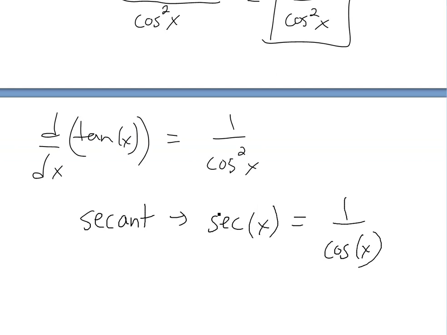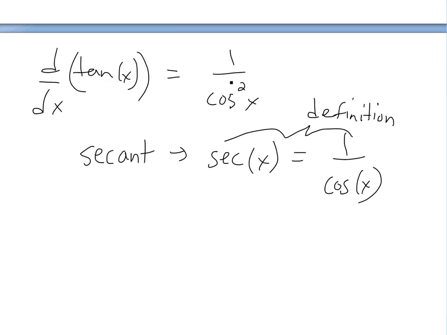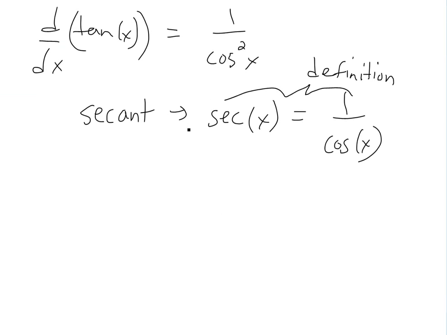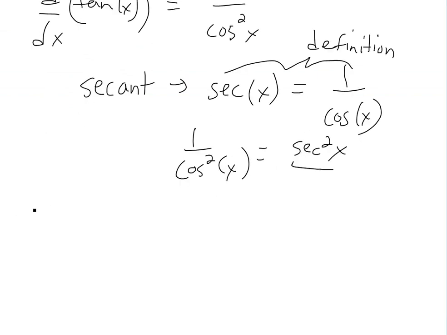This is the definition. So 1 over cos squared x is just equal to secant squared x, because if you square both sides, you get squares on both sides. So then there's our derivative.